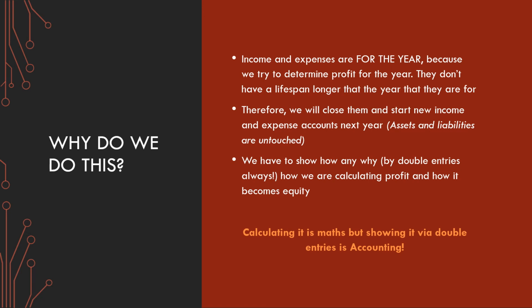So that's why we close all our income and expenses, and next year we'll just start new income and expense accounts. Assets and liabilities, side note, remain untouched. They carry on for 5, 6, 7, 8 years. It's just income and expenses that have this year-long lifespan, that at the end of a year we have to merge, work out profit, and next year we'll start all over again.